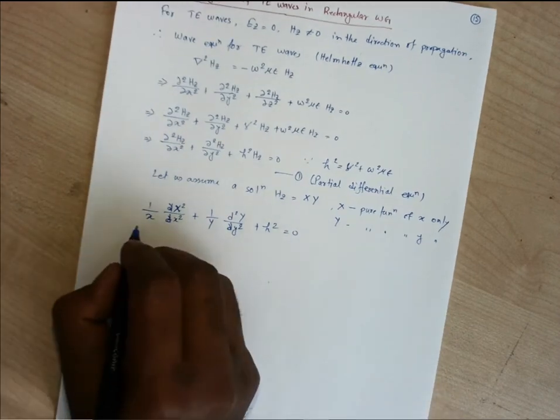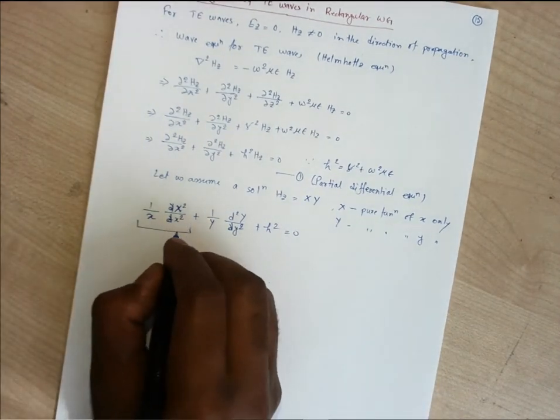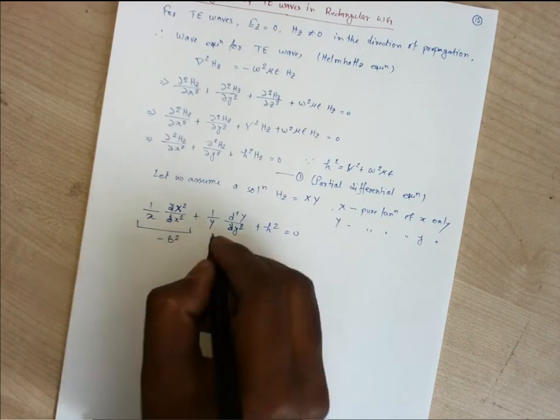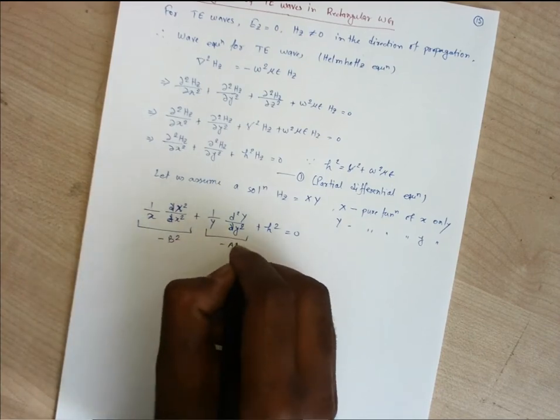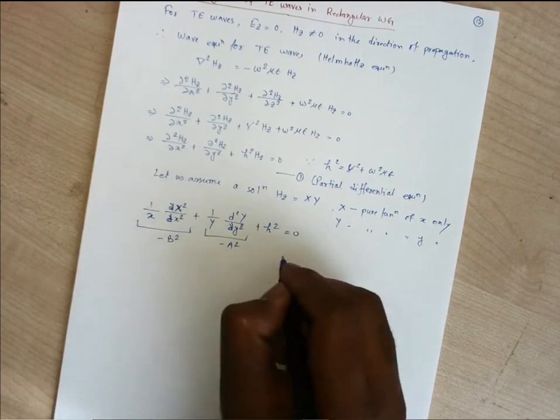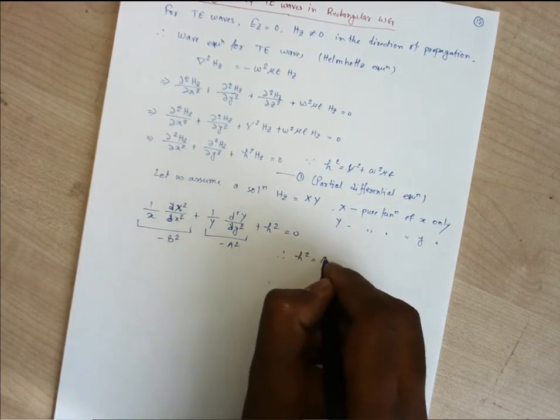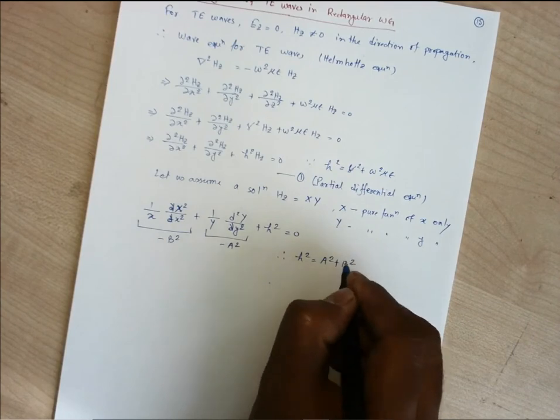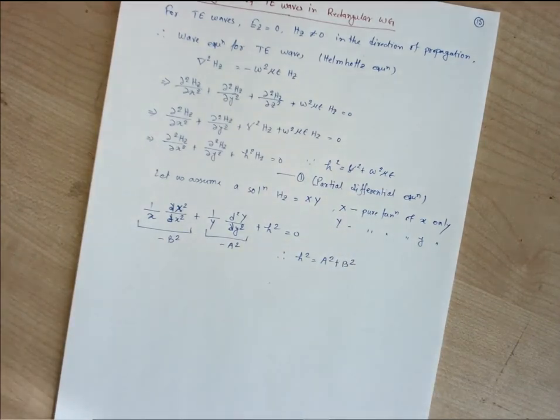Now let us assume this part as minus b square and this part as minus a square, which will reduce to h square is equal to a square plus b square.